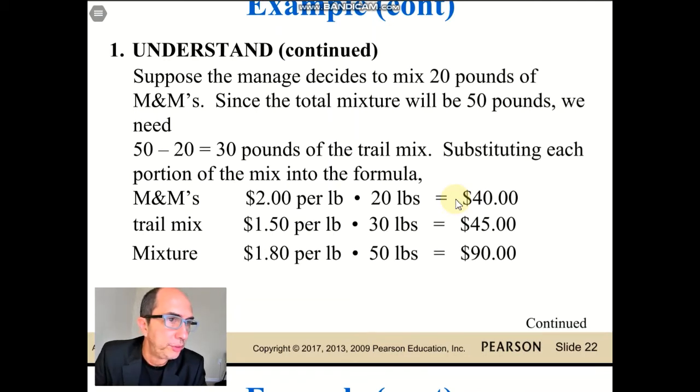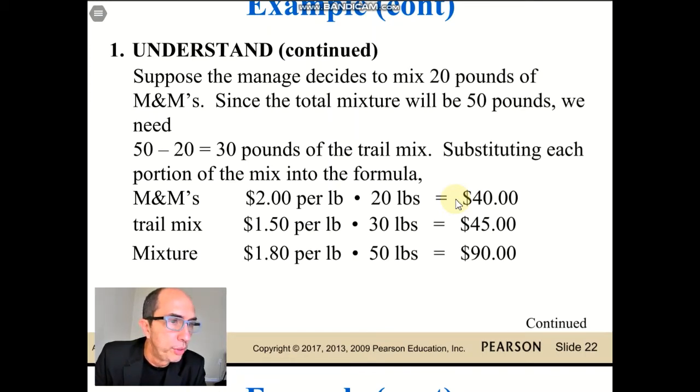Substituting each portion of the mix into the formula, we have M&Ms at $2 per pound and 20 pounds: 2 times 20 is $40. Trail mix is $1.5 per pound, we have 30 pounds, multiply, and we get $45. Then you add them together.